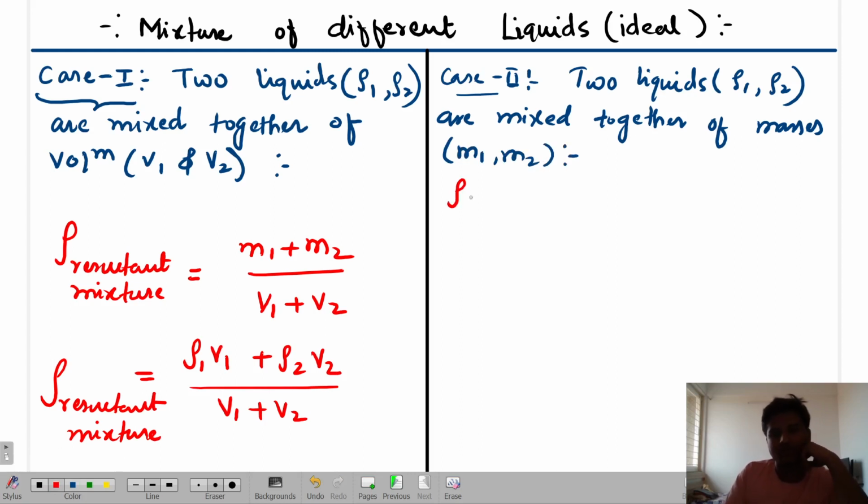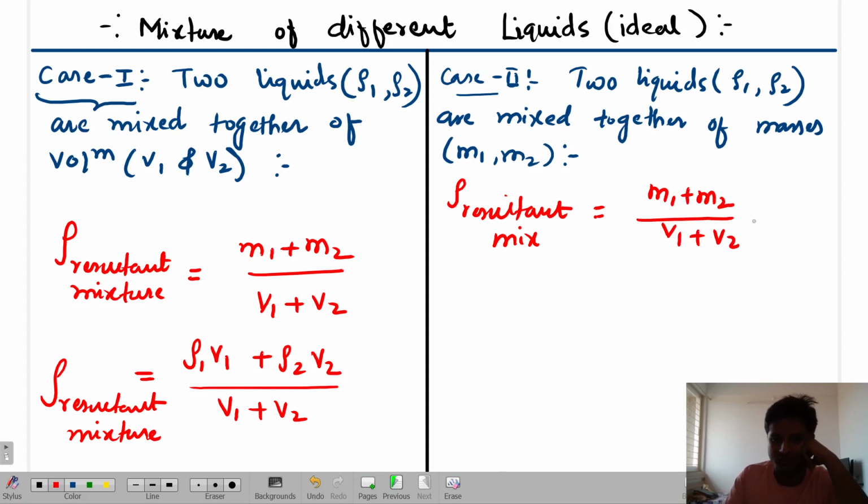So basically, once again, the density of the resultant mixture is going to be m1 plus m2 divided by v1 plus v2, but volume is not known. So v1 will be m1 by rho 1 plus m2 by rho 2.